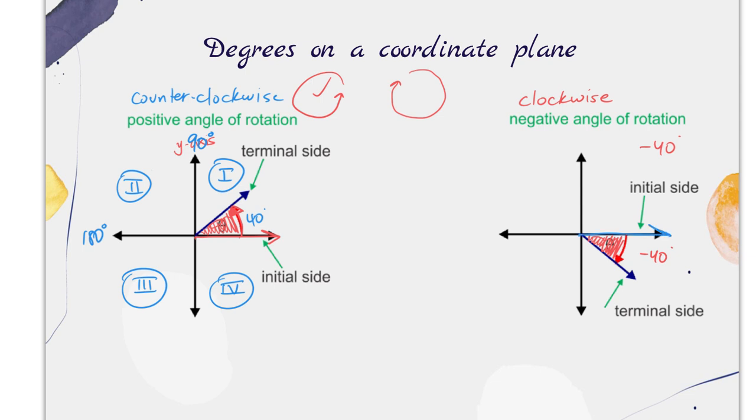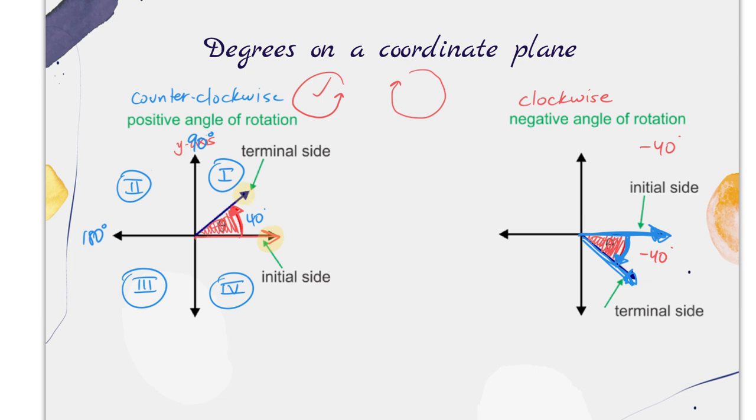They all start at the same place, the same initial side, but I'm going to go 40 degrees in a clockwise direction to get to my terminal side. Okay, so when I ask you to graph an angle, I'm going to want you to show me the initial side. Notice the arrowheads, guys. They always have these arrowheads at the end. That's to remind you that angles are formed by rays.